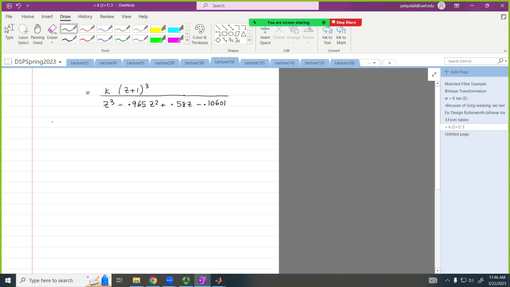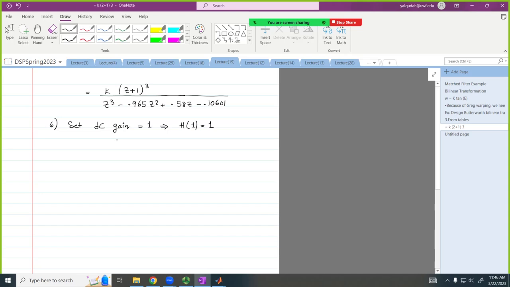Okay, the next step is we're going to set the DC gain. If I want the DC gain to equal 1, what do we do? We want H of 1 to equal 1, z equals 1.